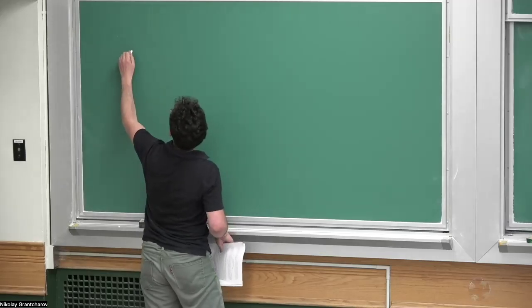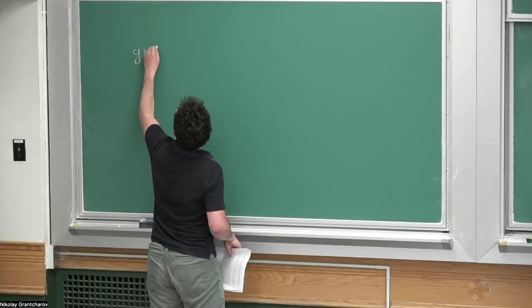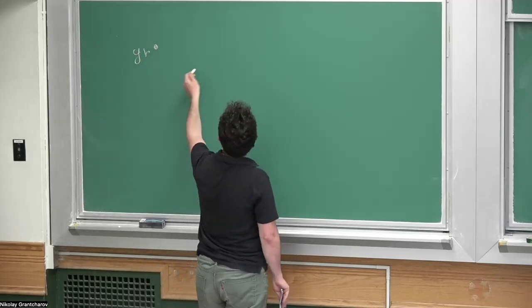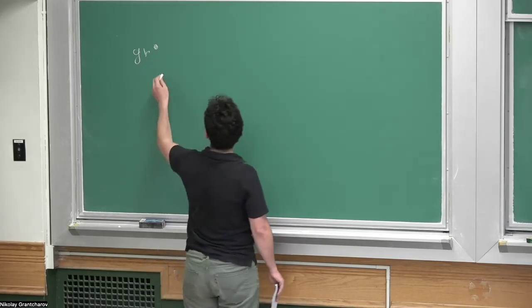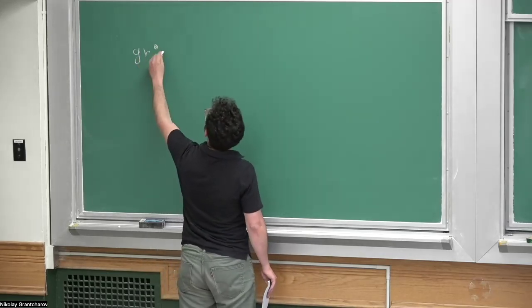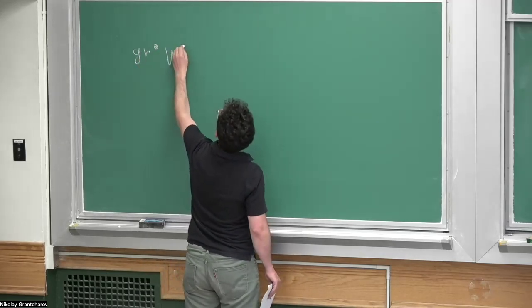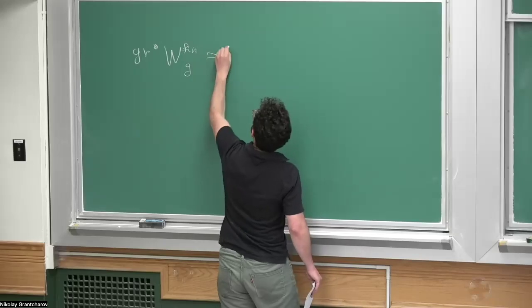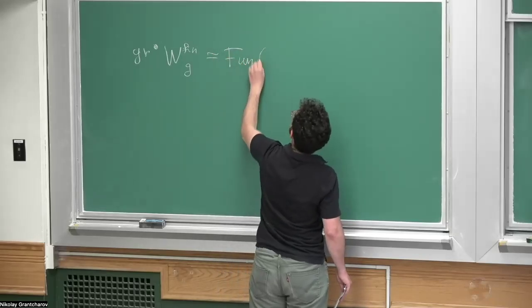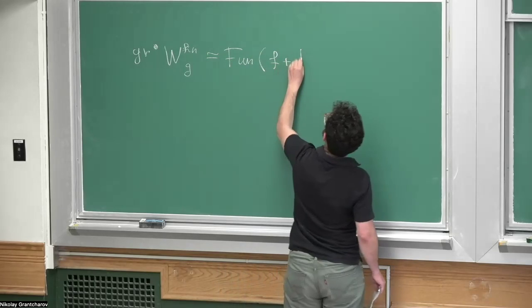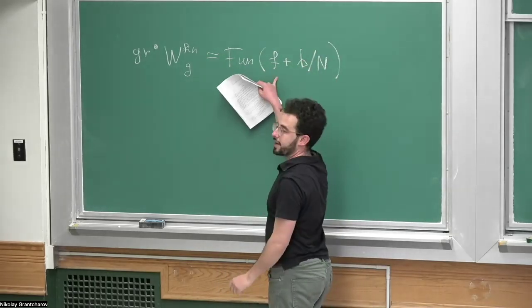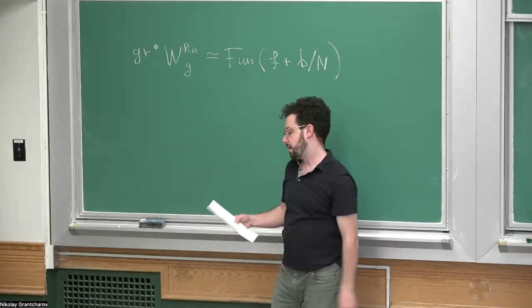And we had two filtrations on the W algebra: the PBW filtration and a correction given by the Kazhdan filtration. The associated graded is functions on the Slodowy slice f plus b over N. Yet again, this is the principal case.